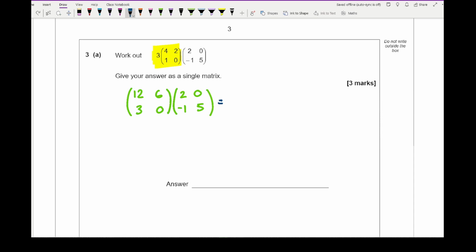Now if you haven't got one of those calculators, then you would need to multiply this out. So let me do a brief lesson on how to multiply a 2 by 2 matrix by another 2 by 2 matrix.